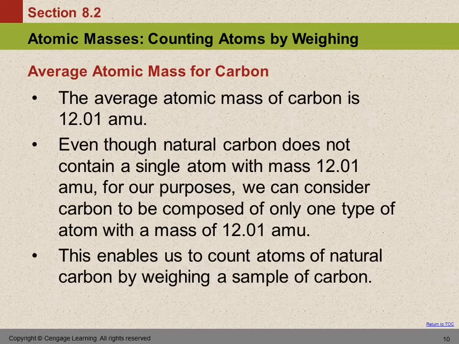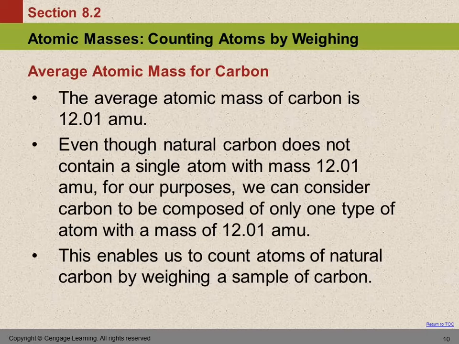There is actually no carbon atom that actually weighs 12.01 atomic mass units. Just like, you know, we talk about people being, well, what's normal? Well, is any one person normal? Probably not. We're all a little strange, one way or the other.